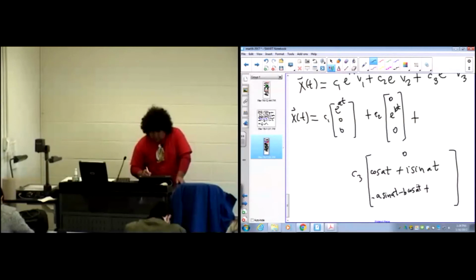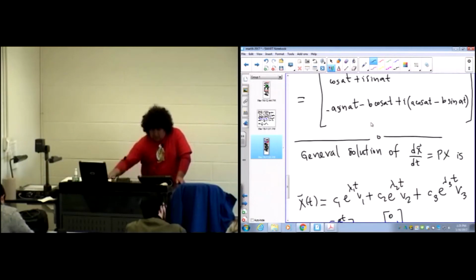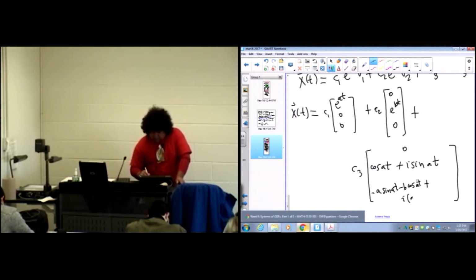So bringing all of this together, this is a linear combination of three vectors. So we have to multiply c1 times the first vector, c2 times the second vector, and c3 times the third vector.